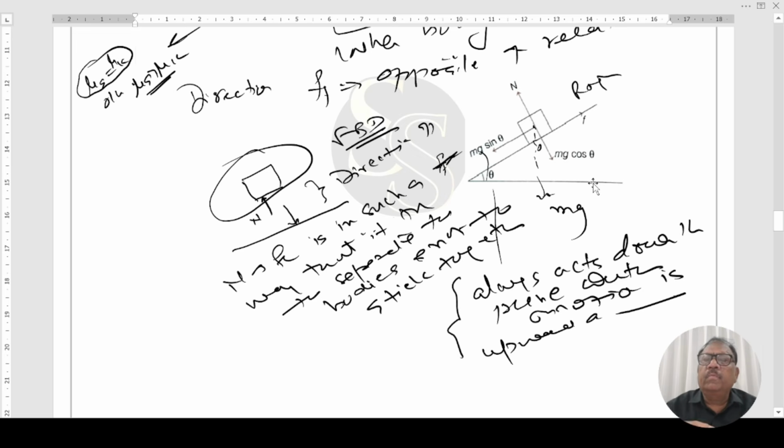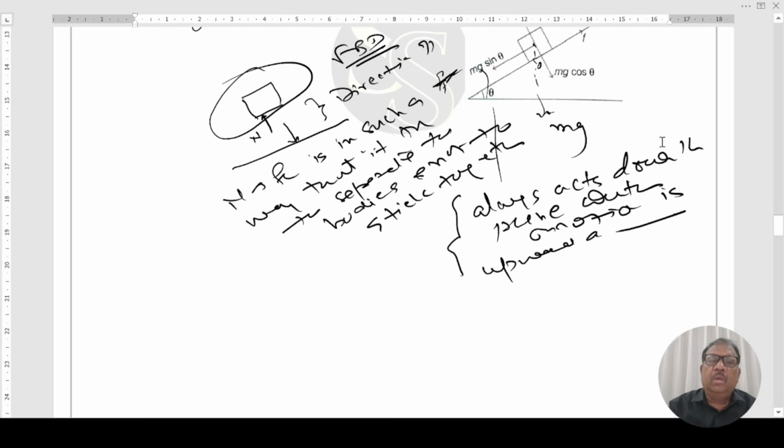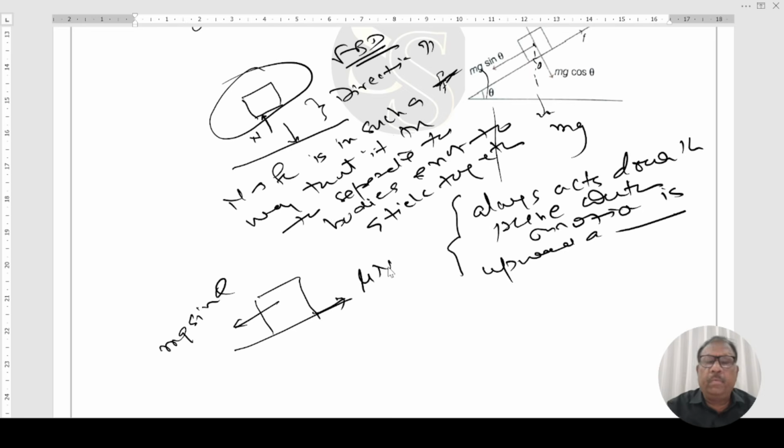Now, in this case, mu mg cos theta, it is just about to move. If there is no friction force, it will move in this direction. Now we have to find the friction force in such a way that it just lets it slip. Then mg sin theta acts in that direction, and mu N.